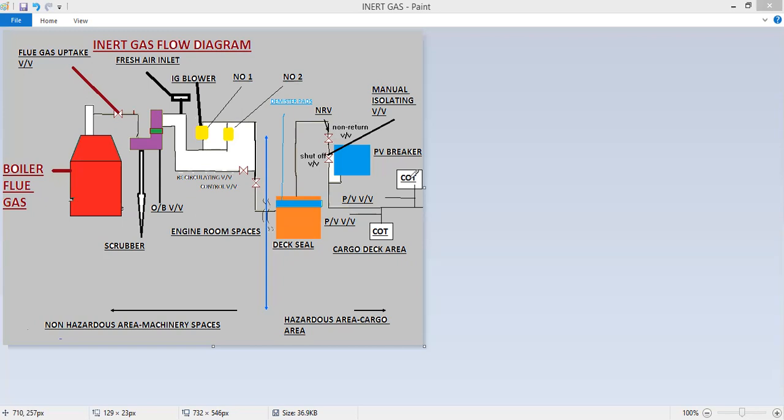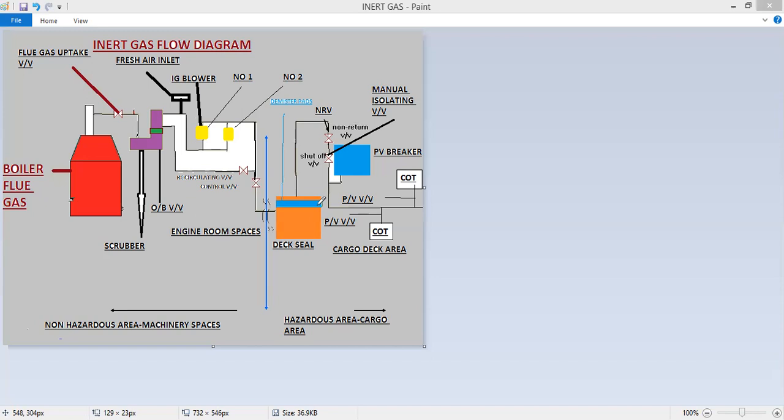Now we will see the functions of these things. What is a scrubber? Basically, the scrubber is used to clean the flue gas and lower the temperature. The blower is used to blow the gas to the tanks, and the deck seal basically has non-return functions.